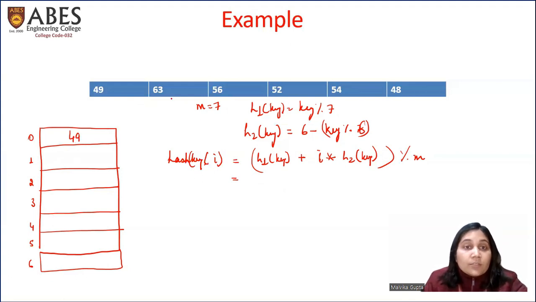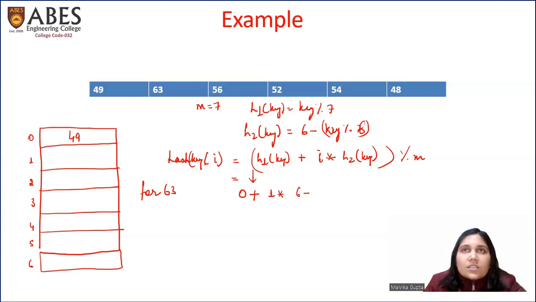Now comes the next value, 63. But now you can see 63 mod 7 is also 0. I cannot store this value in this position because there is a collision. So I find my value: h1 key is 0, plus i is 1 multiplied by h2 key, which is 6 minus key mod 6.